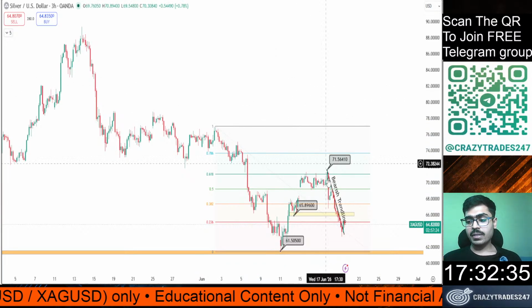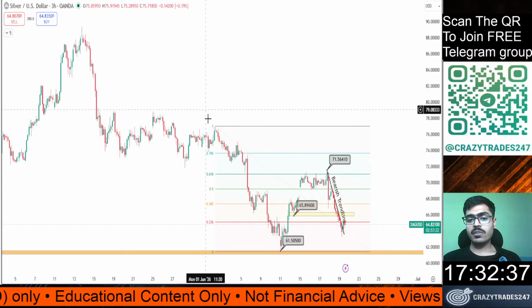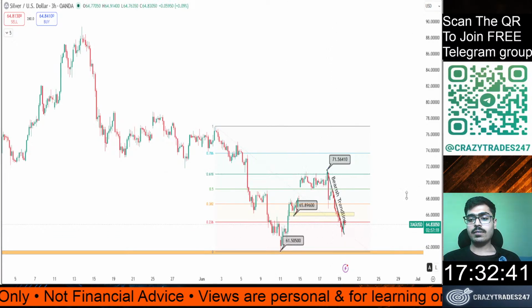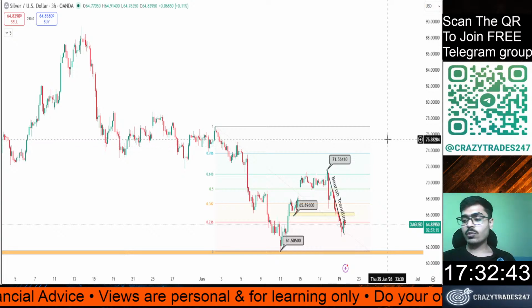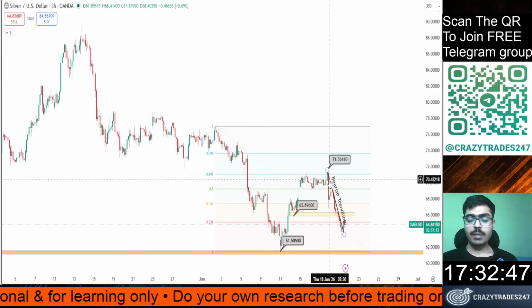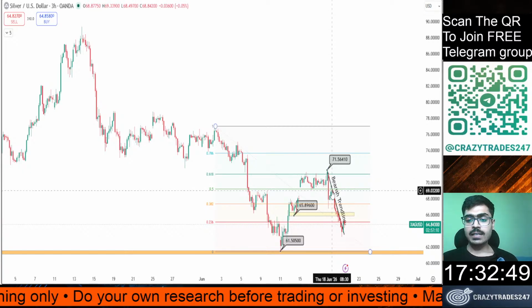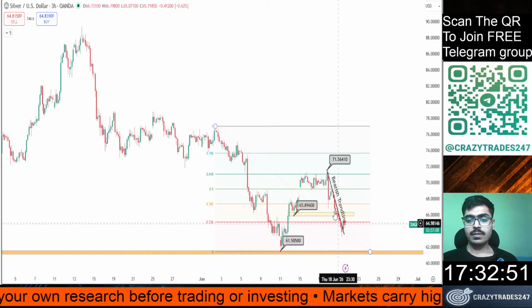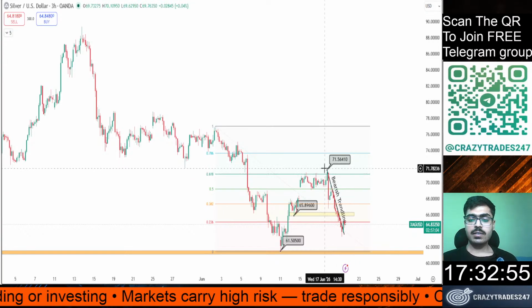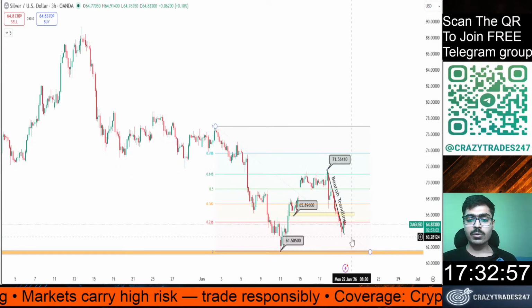So price gave a retracement of this downswing till this level of 71.564, which was the high that it made. And after this upswing, price is continuing in the lower direction. Right after it got rejected from this resistance level, it's continuing in the lower direction.